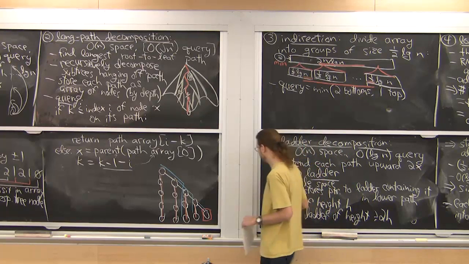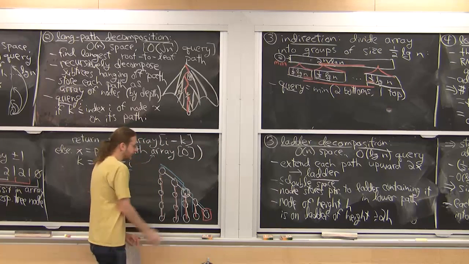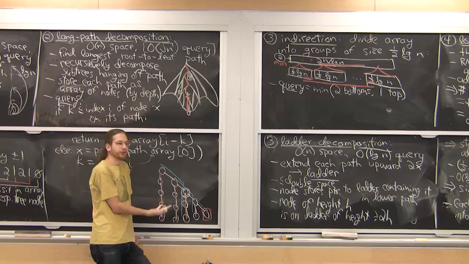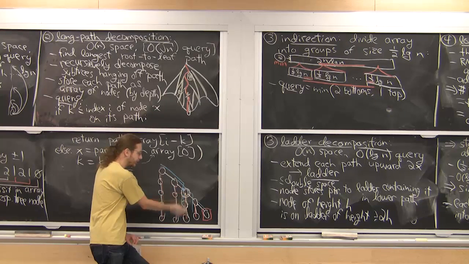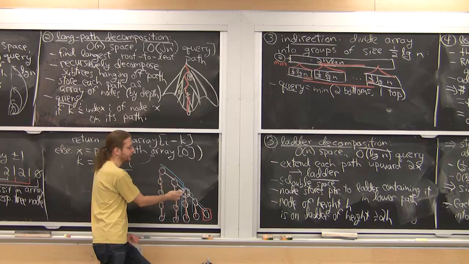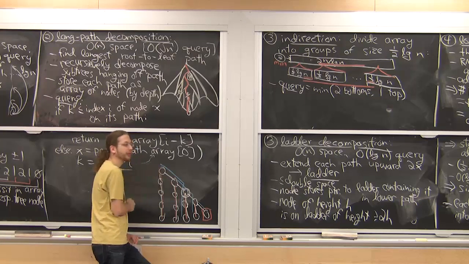Why? Because if you look at a node of height h, like say, this node, the longest path from there is substantial. I mean, if it's height h, then the longest path from there is length at least h. So every node of height h will be on a path of length at least h, and from there down. And so you look at the ladder, well, that's going to be double that.